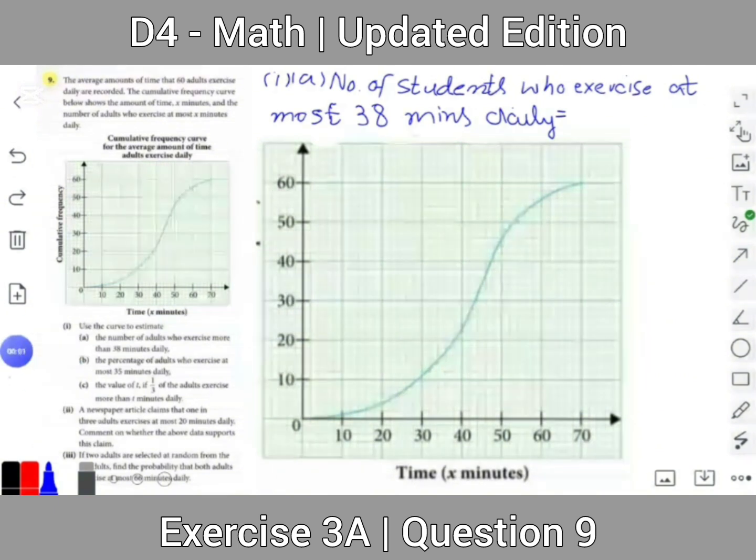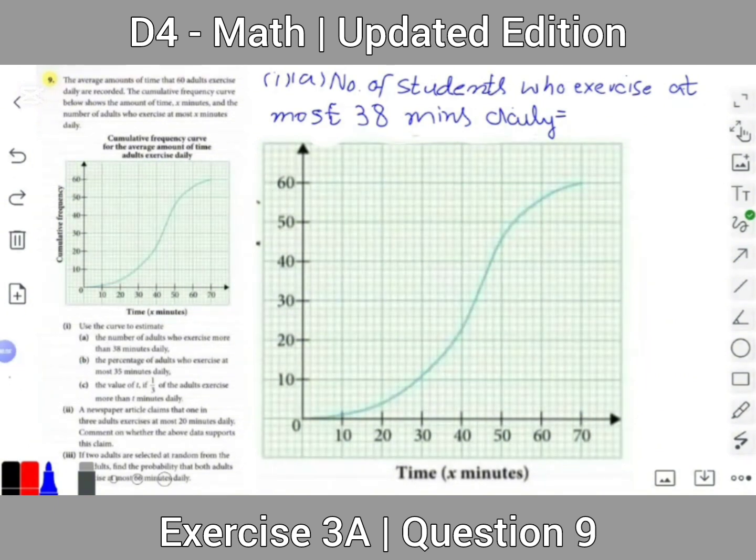Now from the graph, here we have 30, 32, 34, 36 and 38. Now we draw a vertical line from the horizontal axis and extend it until it intersects the curve.